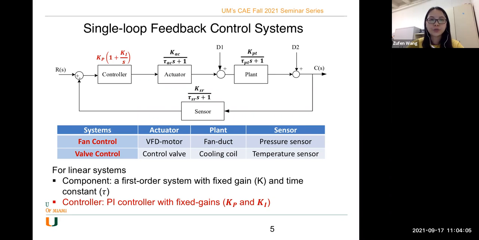In a single loop feedback control system, there are 3 components in addition to a controller: the actuator, the plant, and the sensor. If we assume the system is linear, then each component can be modeled as a first-order system with fixed gain and time constant. And the controller is designed as a PI controller with fixed gains.